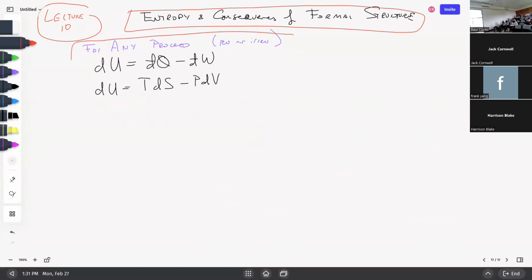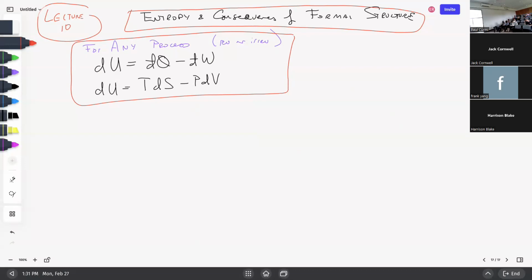These two equations are not the same. Be very careful. The first equation is saying the change in state parameter is due to processes that add heat, i.e. add energy, and take energy out by doing work. And I can add any other terms that I want. I can add chemical potential times change in number of particles, whatever. But the second equation is all about state parameters.